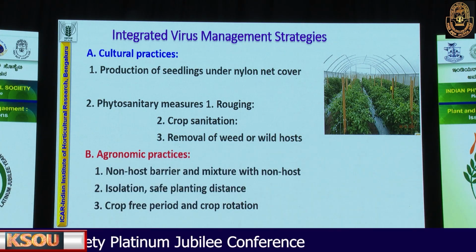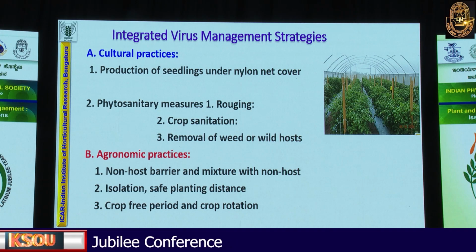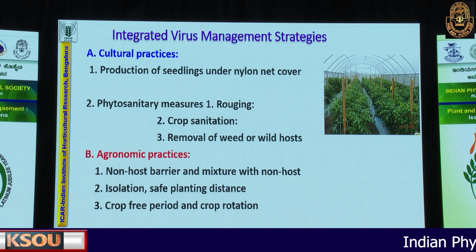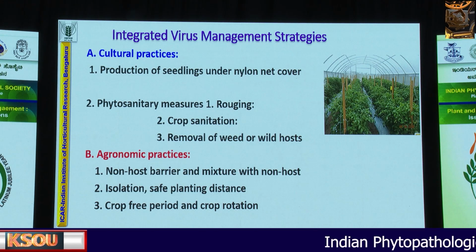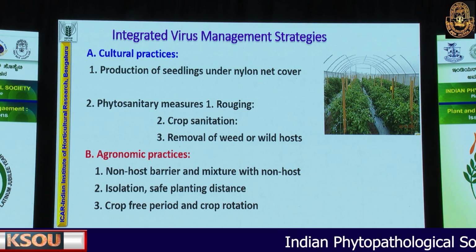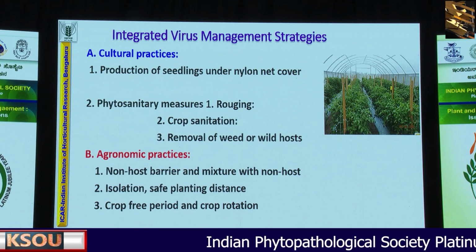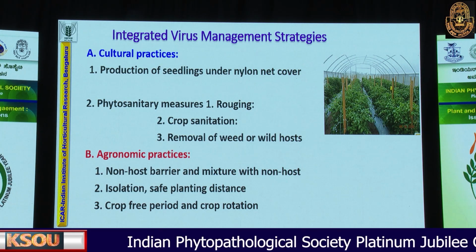As a first step in the case of viruses, the first stage is the production aspects. In the nursery stage, seedlings should be grown under nylon net of 40 to 60 mesh, because most viruses are transmitted by sucking pests, the aphids and several other sucking pests, which are very minute. Often people have a misconception and use mosquito net, which has a higher mesh and is not useful; the critical one is the net with 40 to 60 mesh.